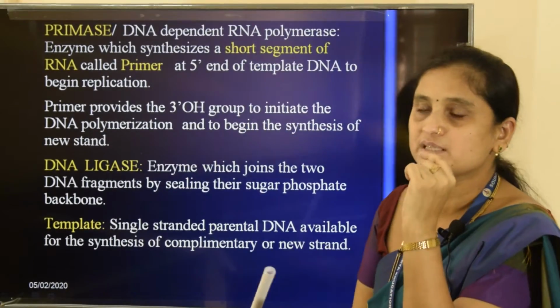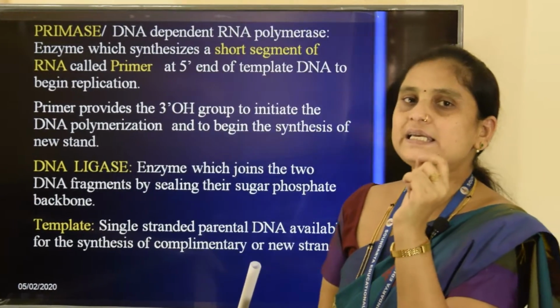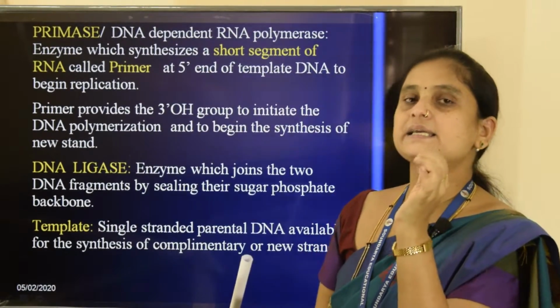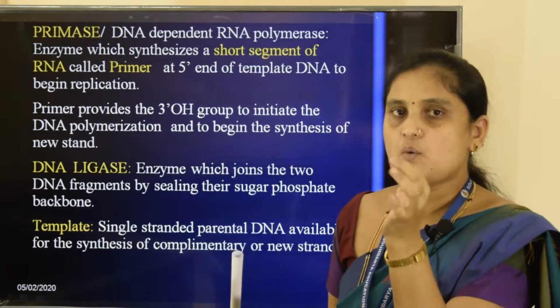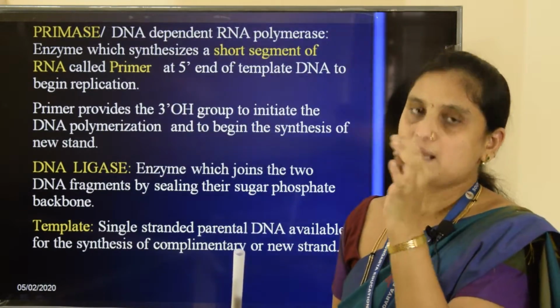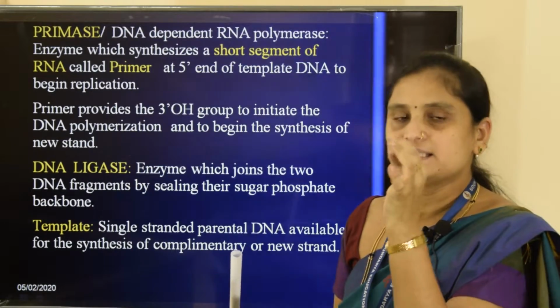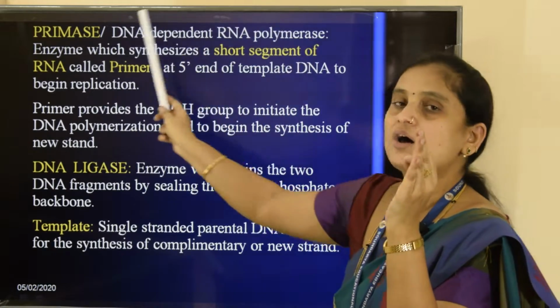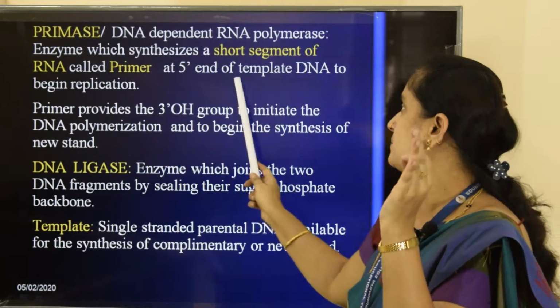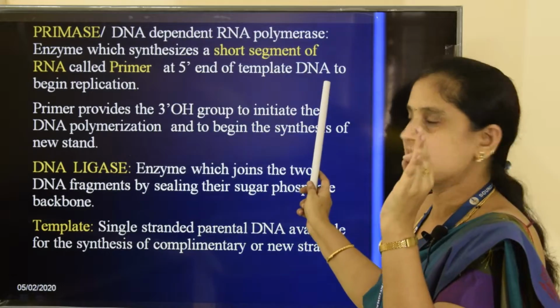So what is a primer here? Primer means beginner. It is a short segment of RNA required to begin the DNA replication. It is synthesized by the enzyme RNA polymerase or primase at the 5' end of the template DNA strand.